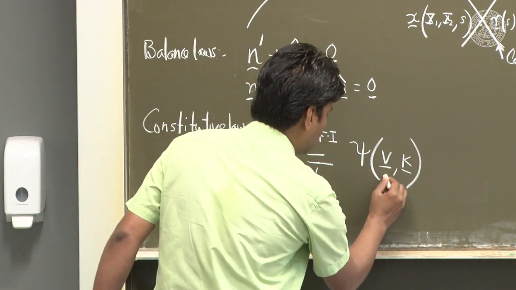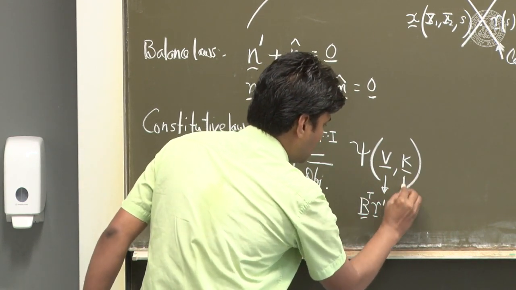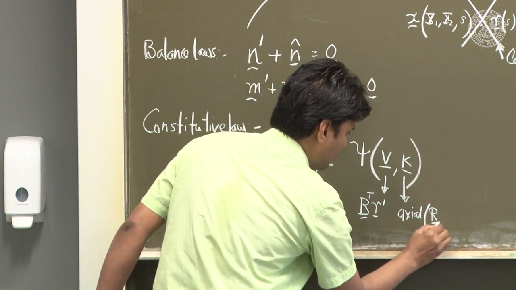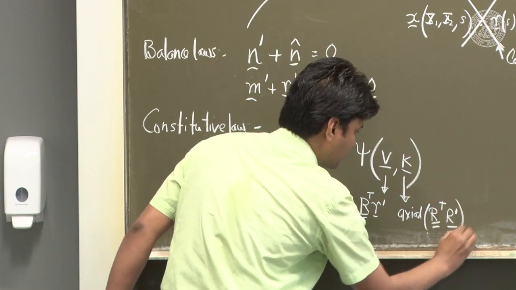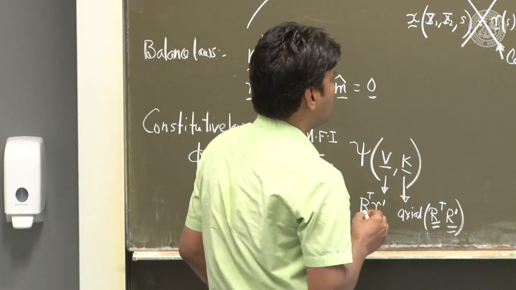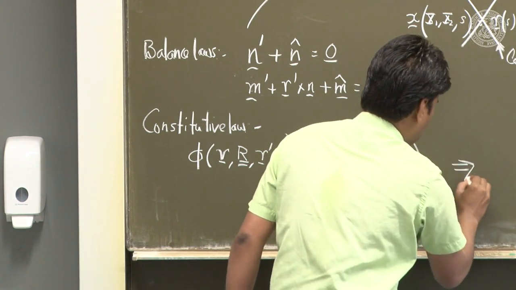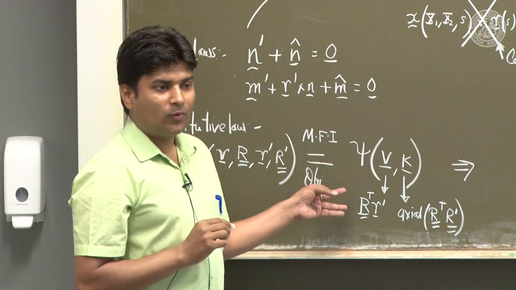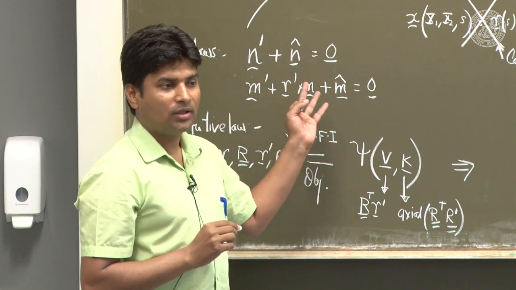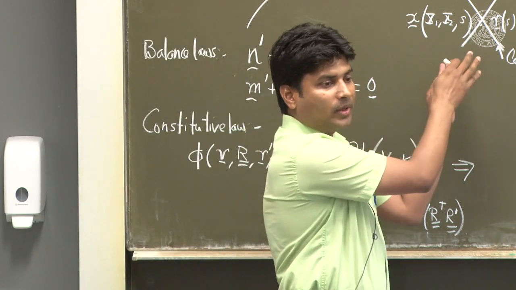V, for example, was big R transpose little r prime, and K was the axial vector of big R transpose big R prime. We then related the derivatives of the strain energy with forces and moments, and that again was done without resorting to this kinematics.